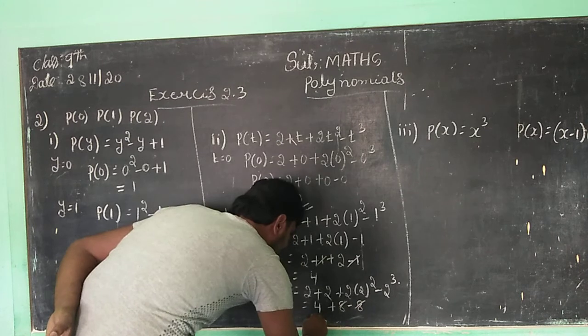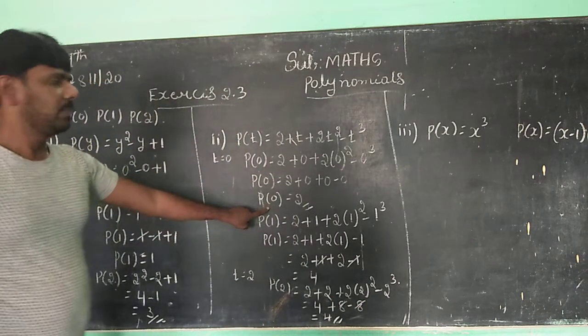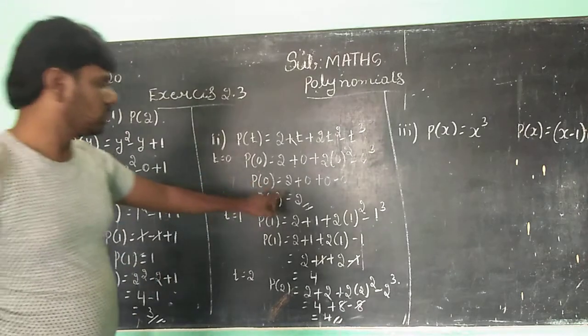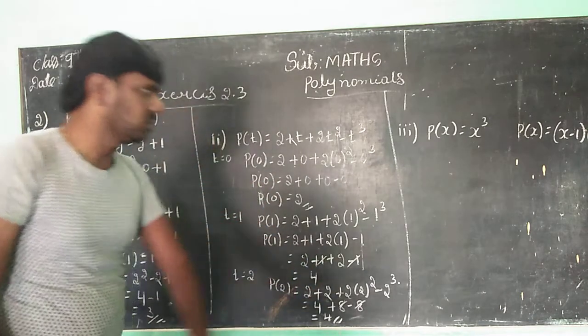Plus 8 minus 8 cancel. The answer is 4. So P of 0 is 2, P of 1 is 4, and P of 2 is 4.